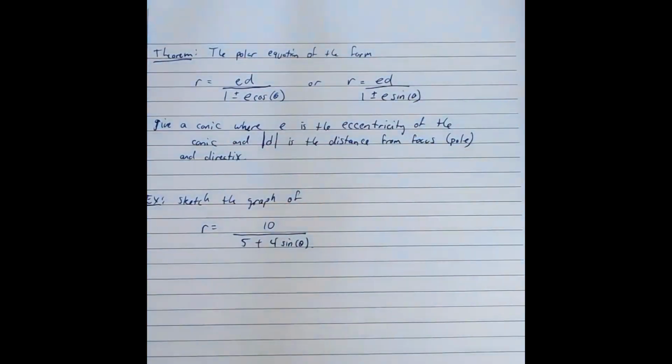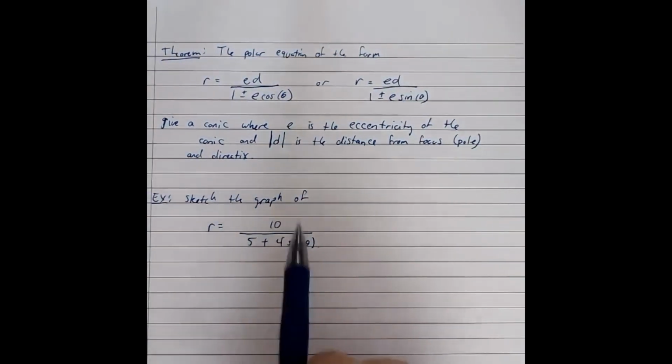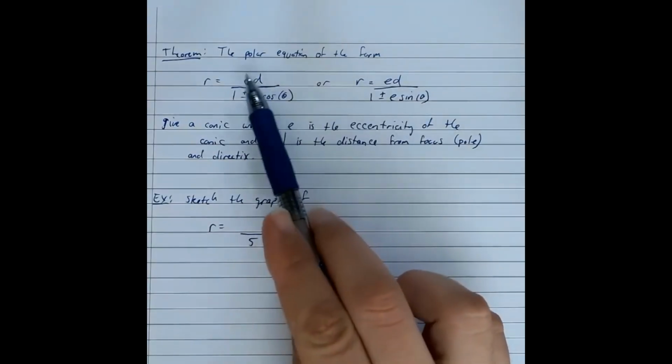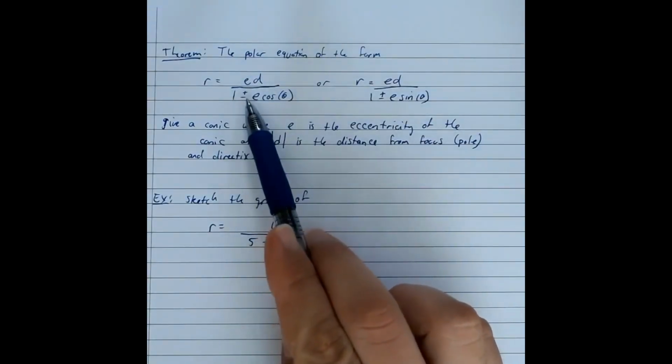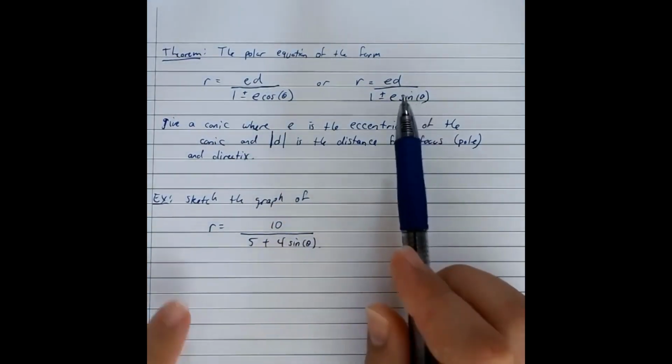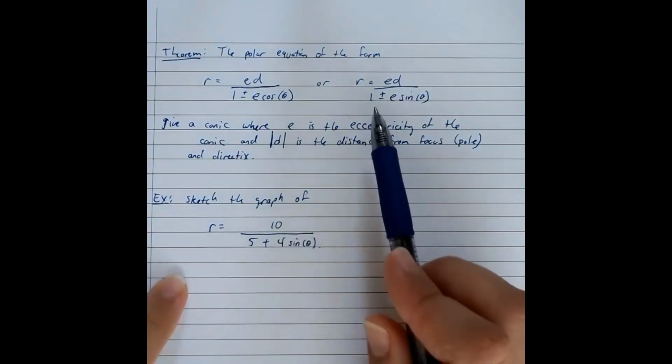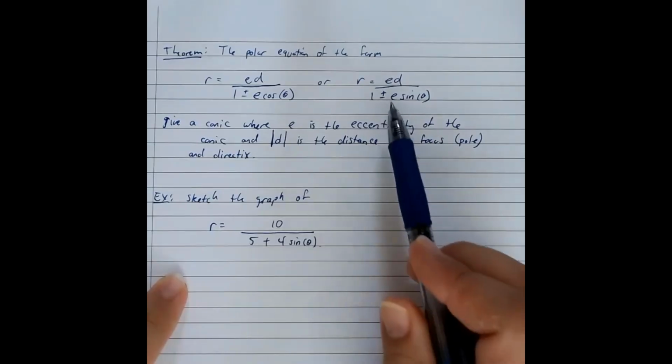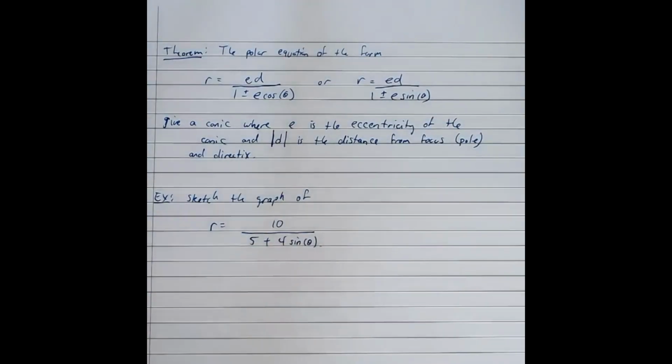Okay, just like that. All right, this does look a lot like one of these: r is equal to a constant over a constant plus or minus sine or cosine. In fact, you have a constant in the numerator, a constant in the denominator, and here it's plus, not minus, something times the sine of theta.